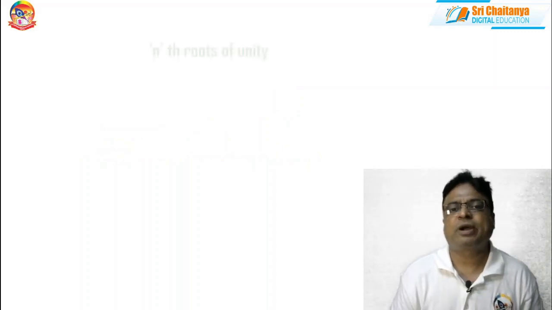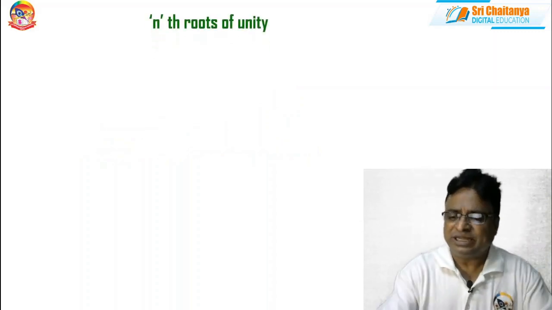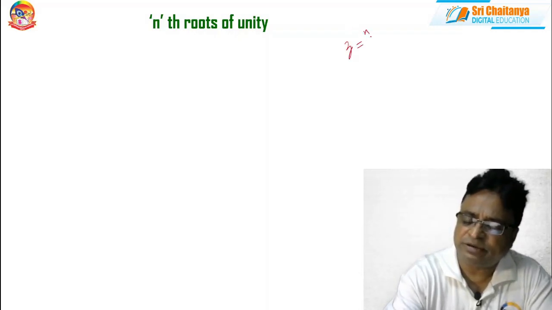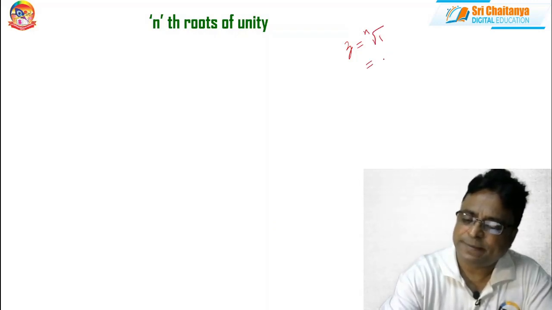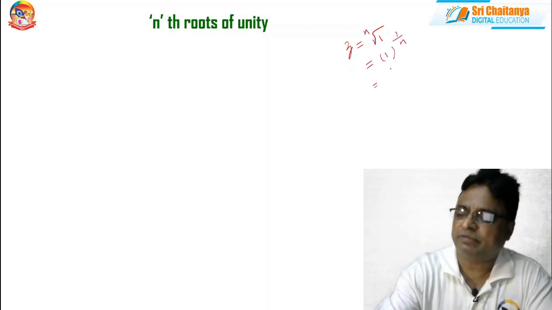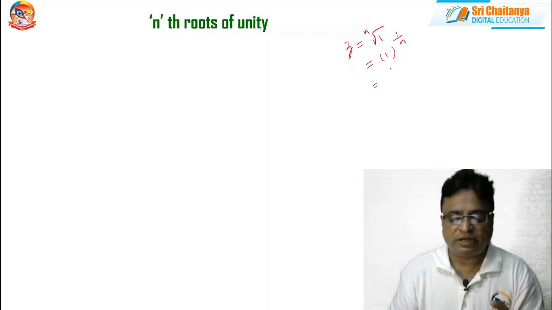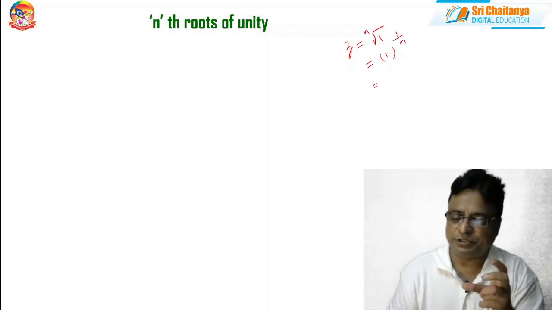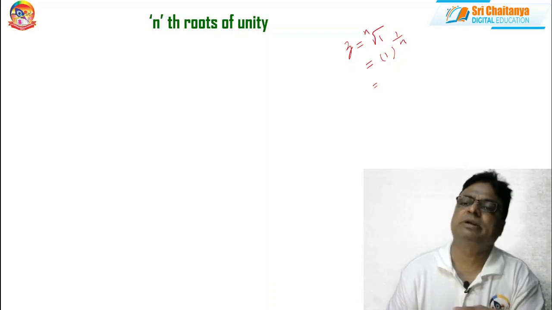Now coming to nth roots of unity. Let z be the nth root of 1. So this I can write as 1 power 1 by n. Whenever you have to find the nth roots of a complex number, first you write or establish that complex number in polar form.